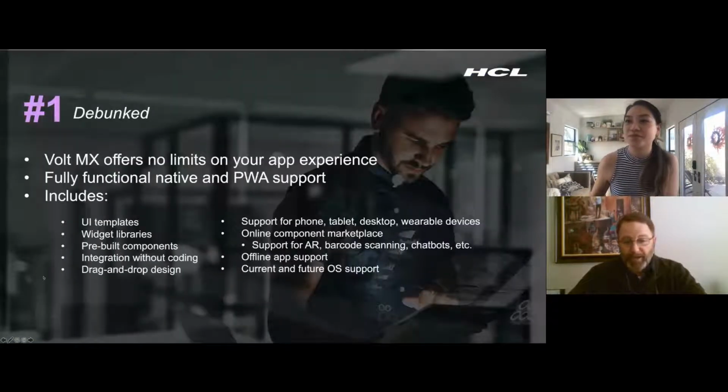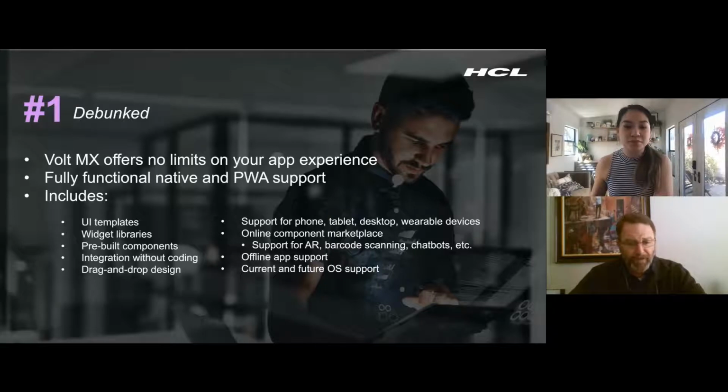For example, Volt MX allows no limits on your app experience when it comes to development. If you want to put in native widgets, native experiences, take advantage of animations and really rich offerings, or even third-party libraries and modules that you want to bring in, Volt MX offers that capability today.